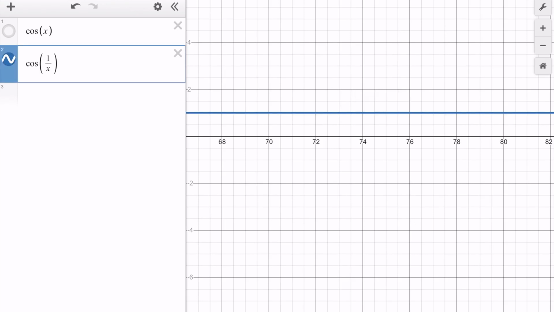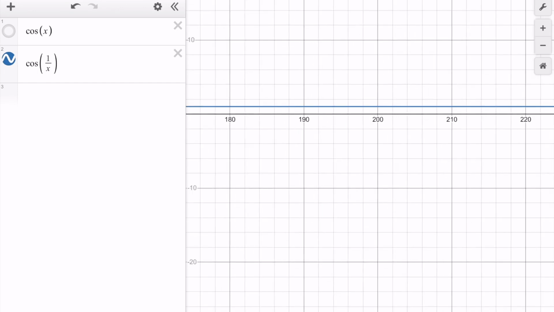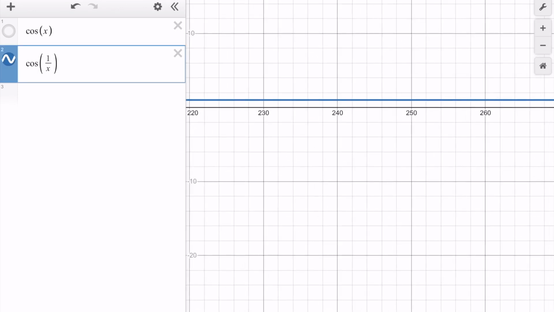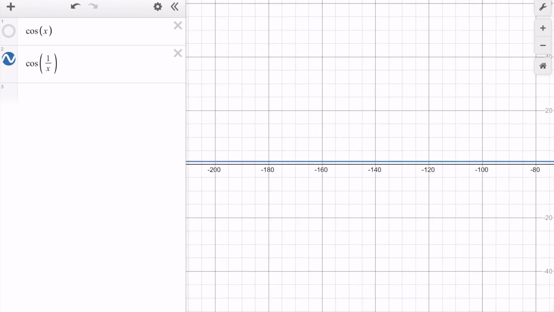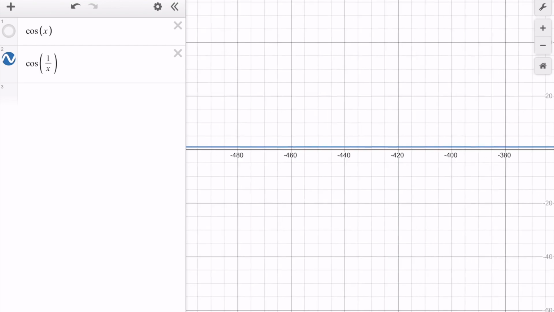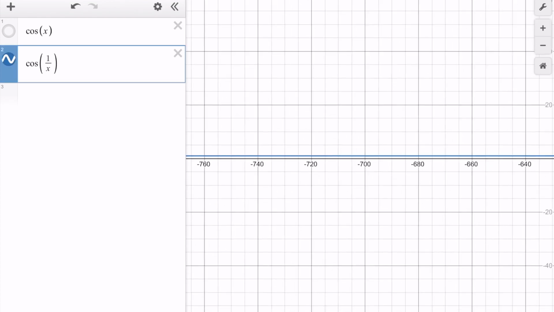You can see that the y value is 1, or very, very close to 1. The left side is true as well. If you're evaluating the limit of this as x approaches negative infinity, you can see that it's also 1.